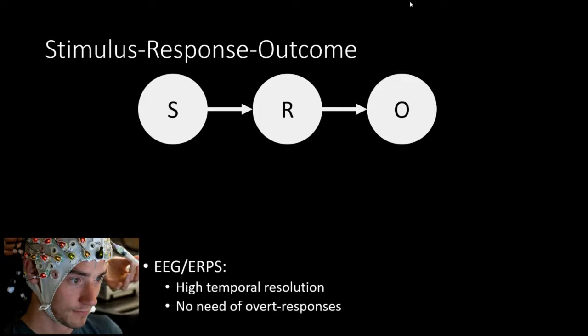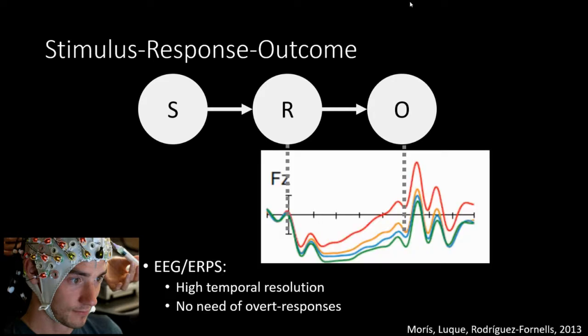EEG, we can take advantage of its temporal resolution, for instance, and we can study these different events, even though they are very close to each other, and see the cognitive processes that are underlying in these different moments of time.